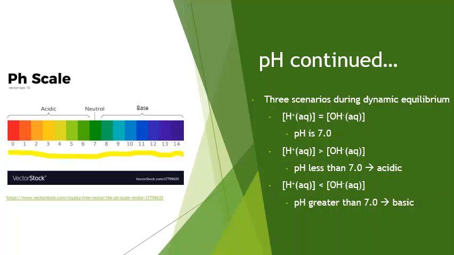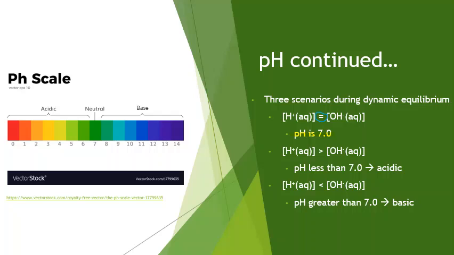So for example, if we are looking at the pH of 7, that means that the amount of hydrogen atoms is equal to the amount of hydroxide atoms. So therefore, if we look on this pH scale, the amount of base is equal to the amount of acid, which is what you're seeing here.